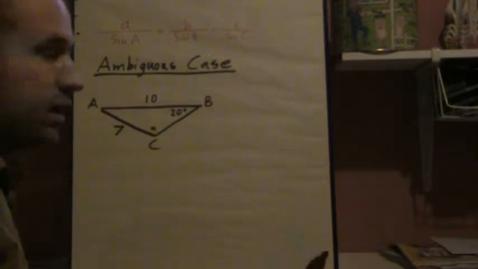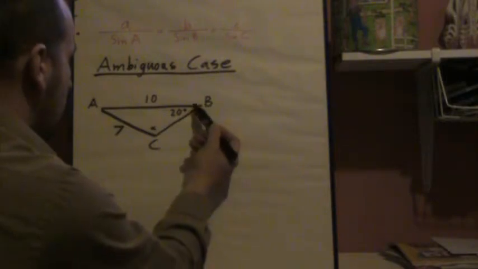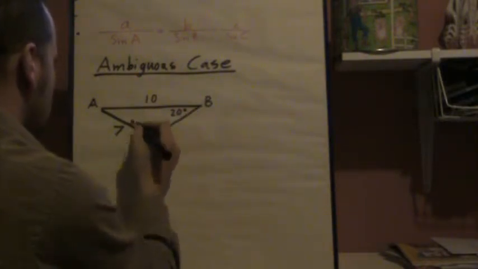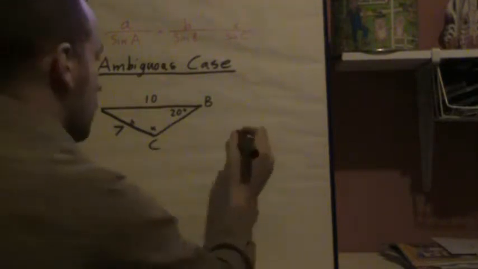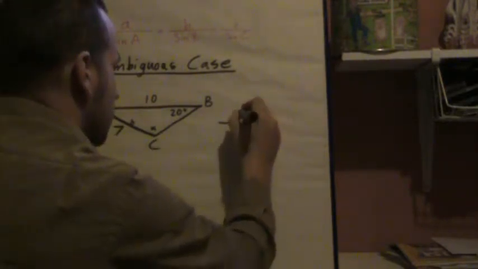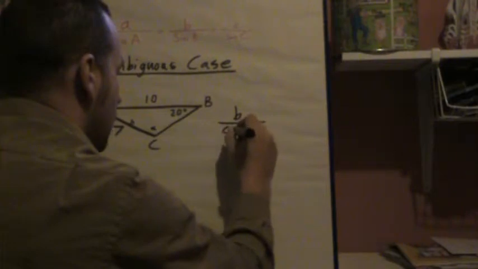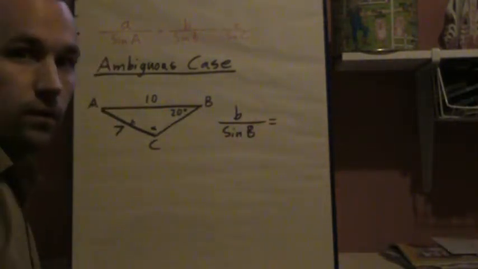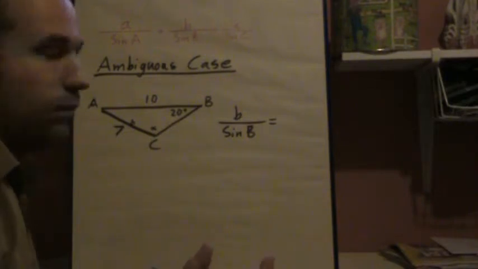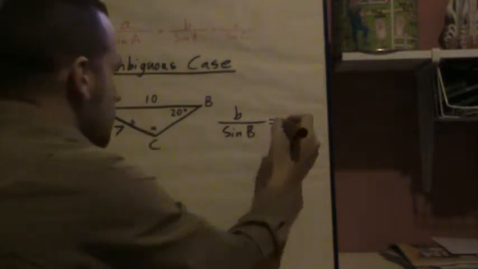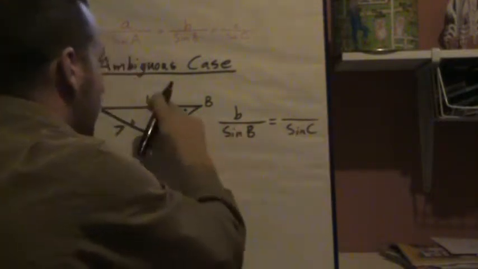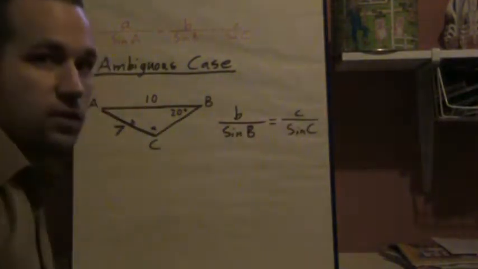In this one I know angle B and I know side B. So here's my corresponding side B. I'm going to be using B over sine B, set equal to the side and the angle that I'm looking for. So I'm looking for angle C, and that will be over side length C.